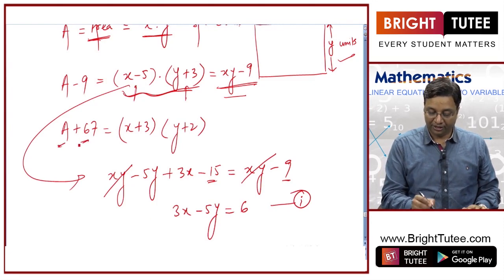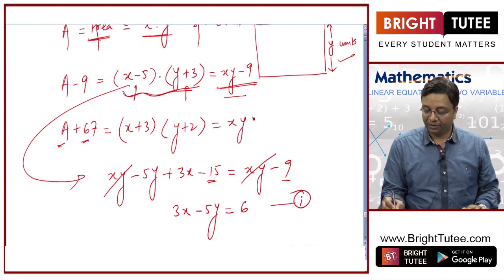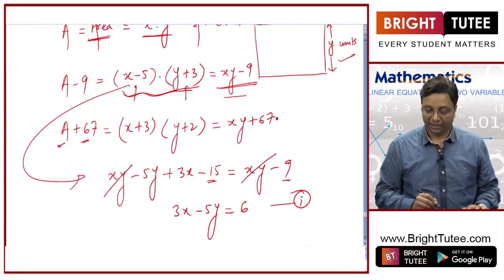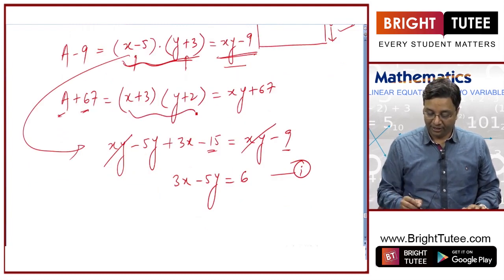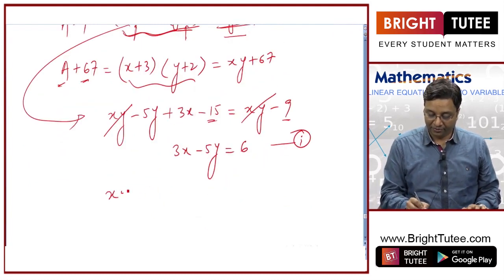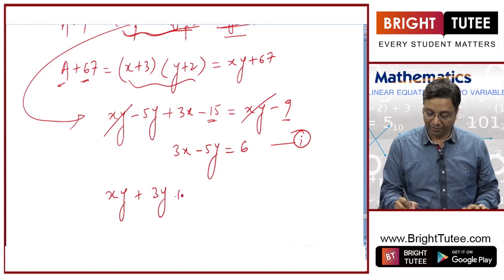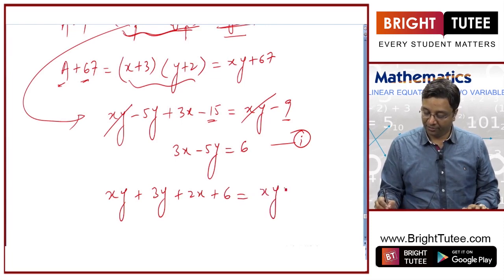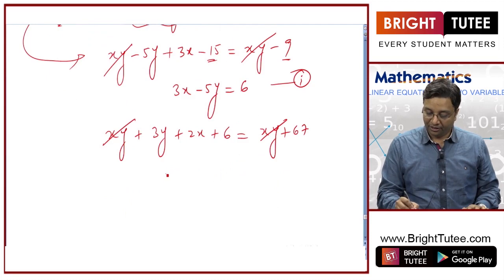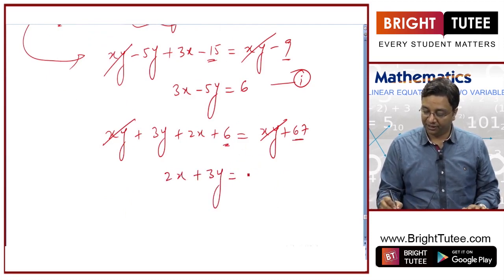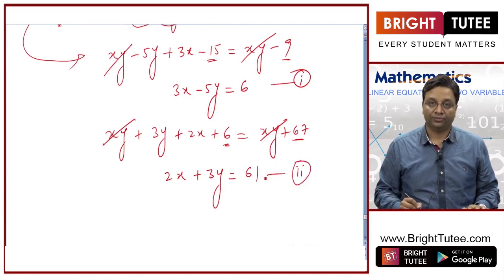Now this is area plus 67, that means xy plus 67. Now multiply these two. This will be xy plus 3y plus 2x plus 6, and it is equal to xy plus 67. Again xy got cancelled. 2x plus 3y is equal to 67 minus 6, that is 61. This is my equation number 2.